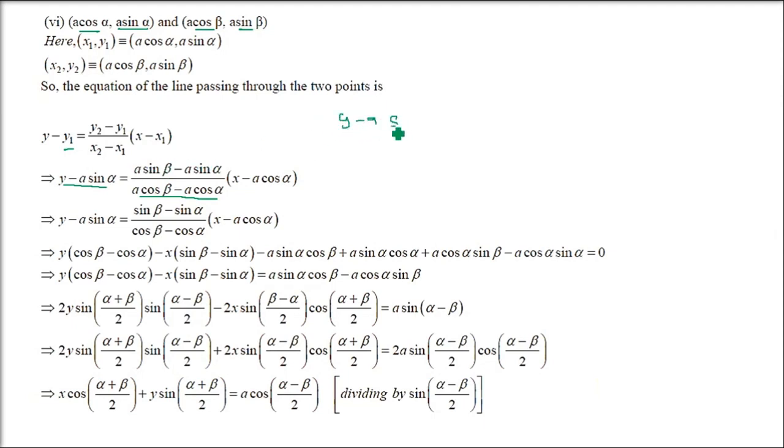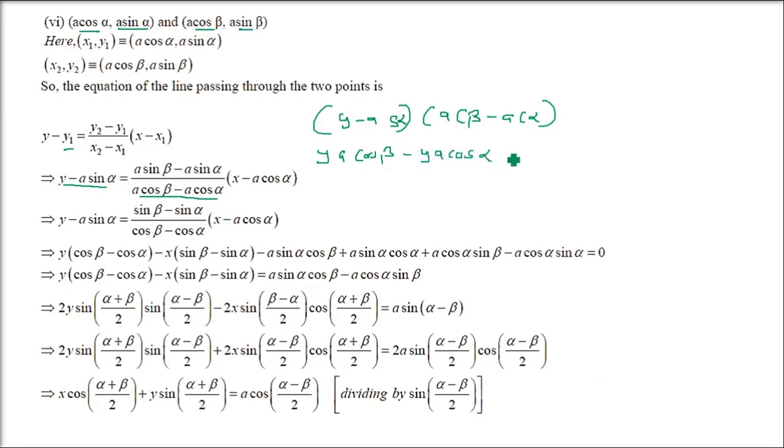That is Y minus A sin alpha is there, so sin alpha, and then we have to multiply it by cos beta minus cos alpha. A we have already got rid of, so you can just remove A. So you'll get y cos beta minus, or you can take y common also.